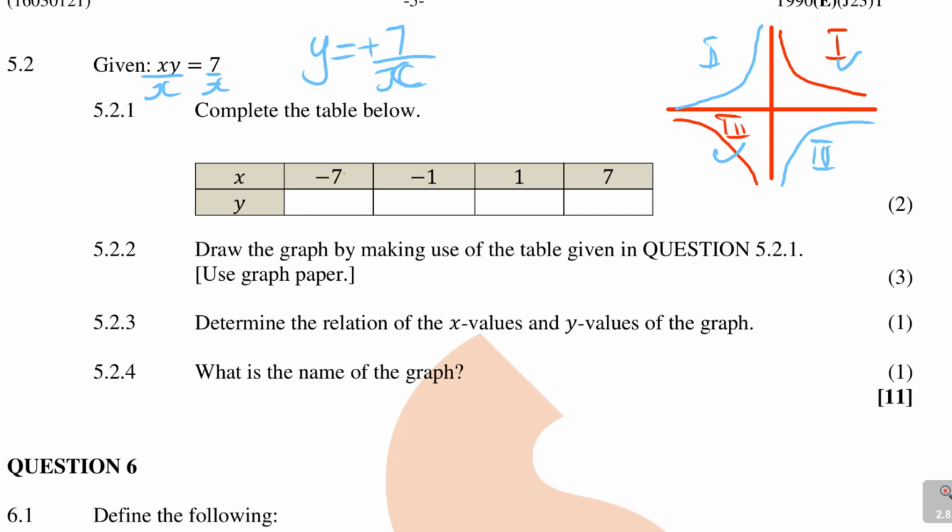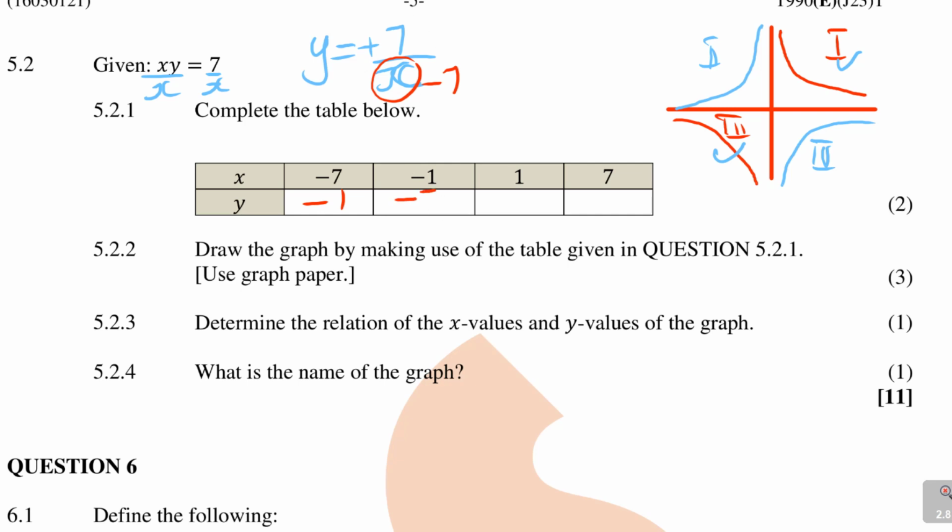When x is -7, what is y? X is -7, so y is going to be 7 over -7. So 7 over -7 is -1. Yes. So now what about if it's -1? So it's 7 over -1.